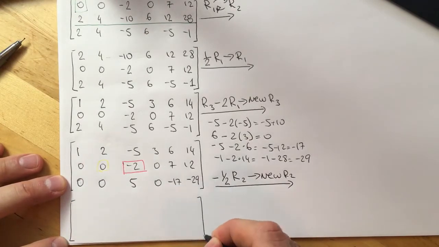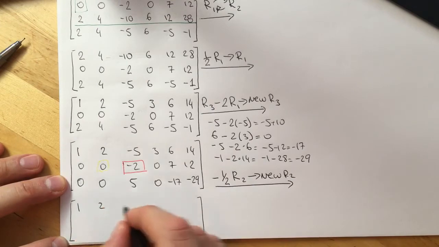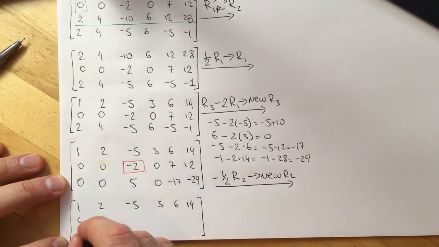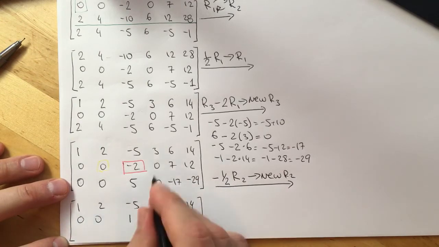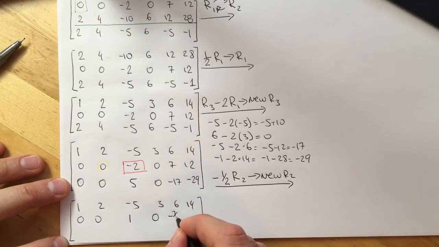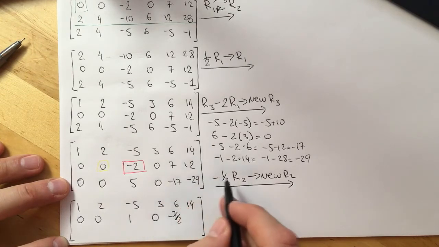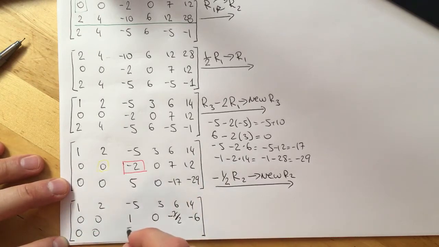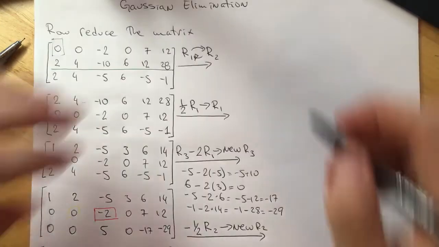So I'm not doing any changes for the first two rows. 1, 2, negative 5, 3, 6, 14, 0, 0, negative 2 divided by negative 2 is 1, 0 divided by negative 2 is 0, 7 divided by negative 2 is negative 7 over 2, 12 divided by negative 2 is negative 6. And then you copy the third row, 0, 0, 5, 0, negative 17, negative 29.